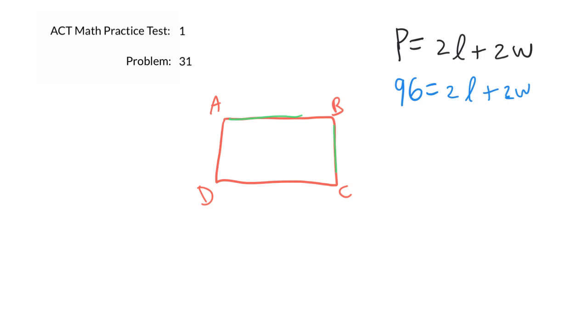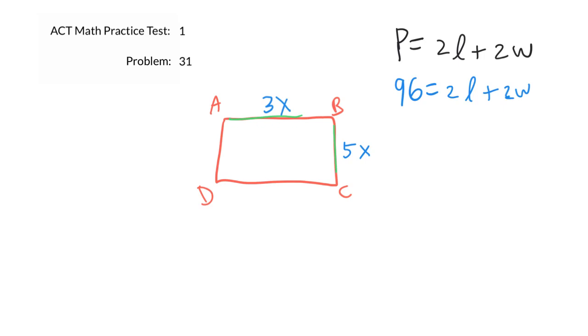So if the ratio of AB to BC is 3 to 5, you could actually represent that information by labeling AB as 3 times some number x, and then BC is 5 times that same number x. Okay, so we don't know what x is necessarily, but we know that for every 3 x's, there's 5 x's over here. That's a way of representing that ratio relationship between AB and BC.